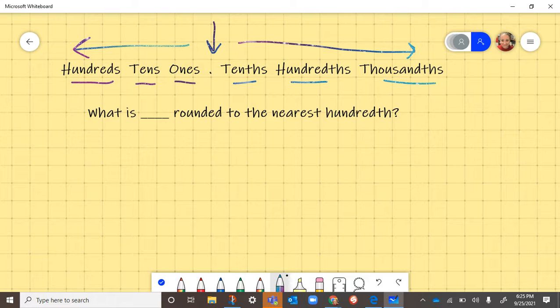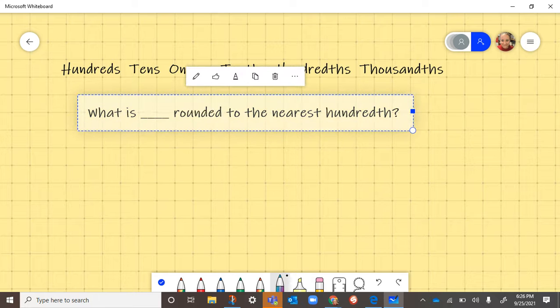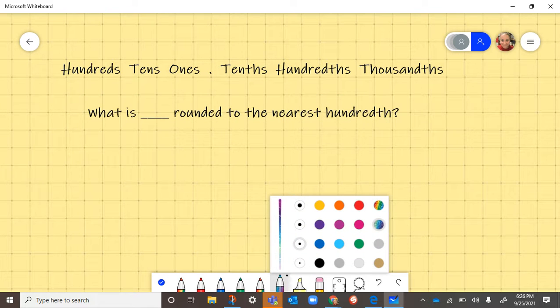And what we've been practicing in class is taking those and rounding them. So for example, this one says, what is blank rounded to the nearest hundredth? Let's go ahead and put in a number where we can actually solve that question.